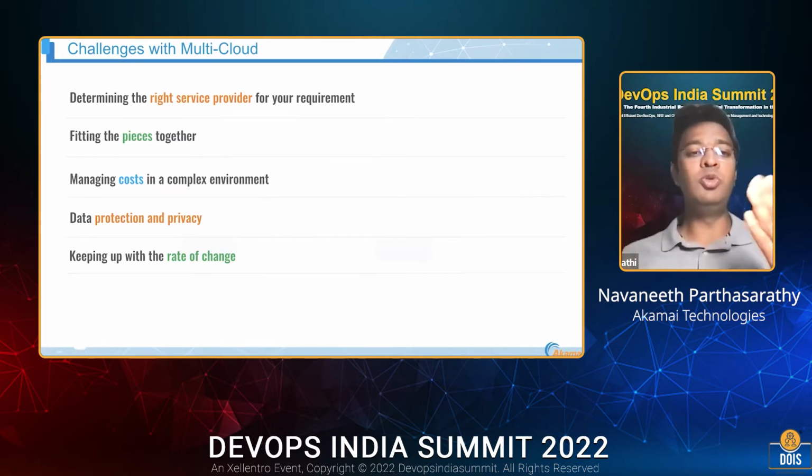And while you do all these different things of figuring out the right requirements and the cost, all of them today come with a security angle that cannot be ignored. Security in the current day and age is definitely one of the top priorities that any organization tends to look at.